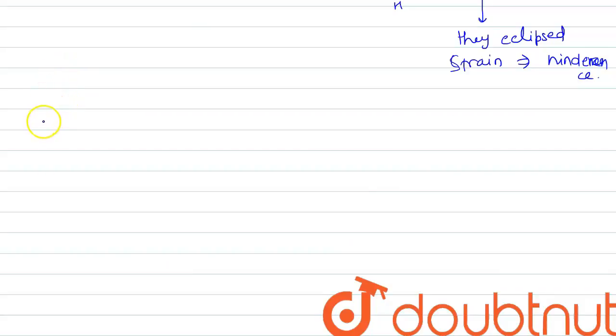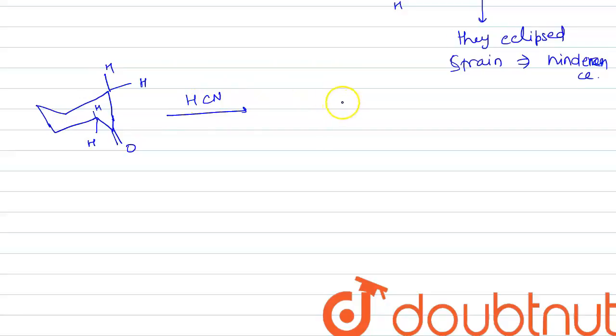But in case of cyclohexanone, here is hydrogen, here is also hydrogen. So in this case, when it reacts with hydrogen cyanide, what will it form?